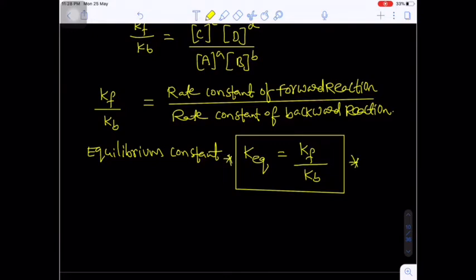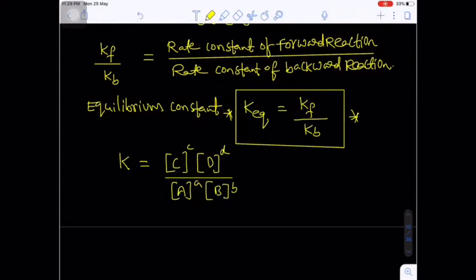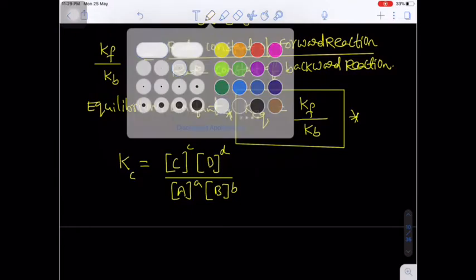This is a very important formula. From here, I am writing equilibrium constant K is equal to C raised to the power small c, D raised to the power small d, whole divided by A raised to the power small a and B raised to the power small b. Now this equilibrium constant, I am writing Kc. C stands for molar concentration.